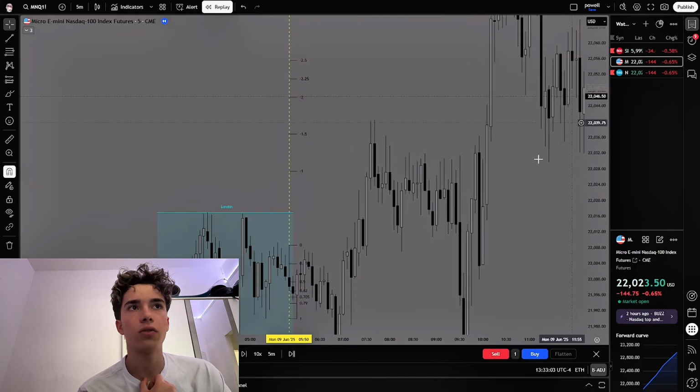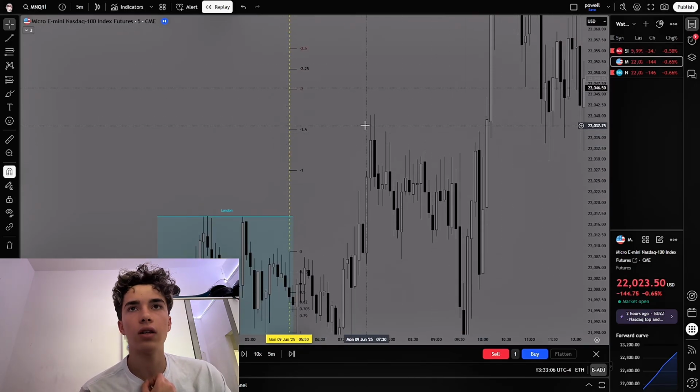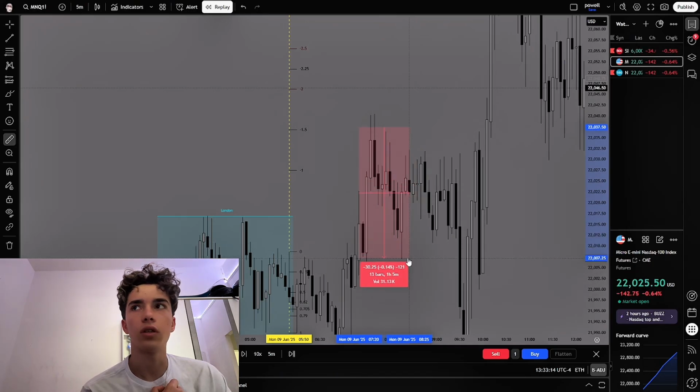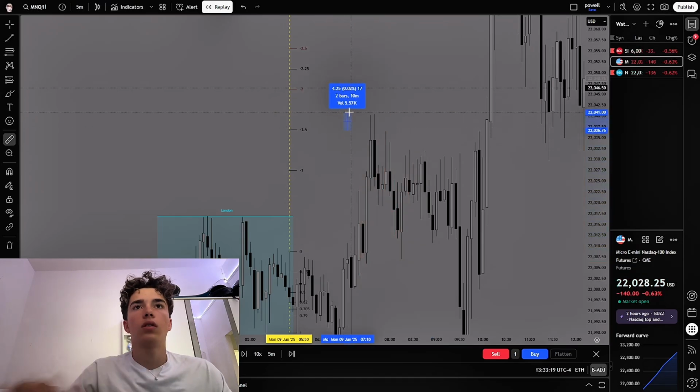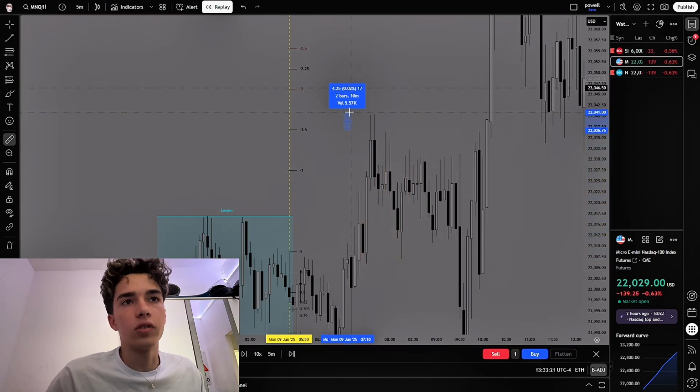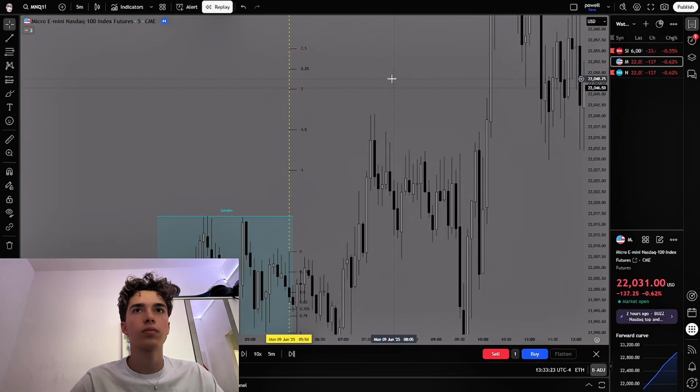What do we aim for? This level, very good reaction. How many points? 30 points with a 5 point drawdown, very cool. What else?